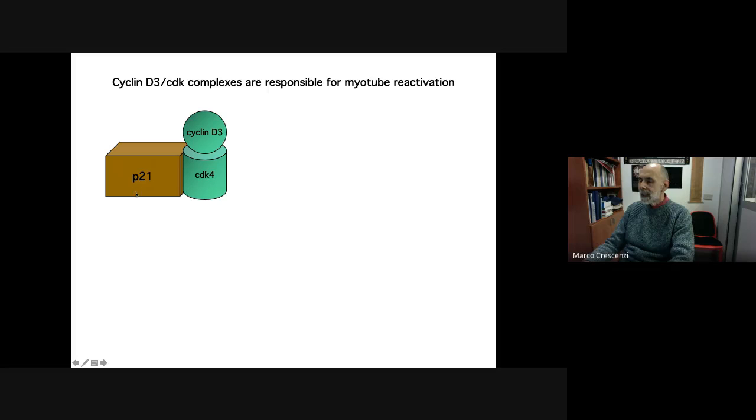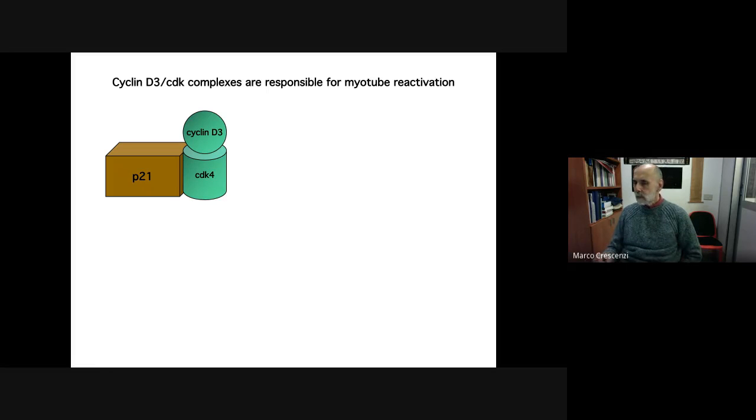Once again, I'm not showing entire complexes. There are other proteins in the myotubes that make up these complexes. But these are the important parts. Again, we devised a model that took into consideration only the elements that we thought were important for the phenomenon we were studying. And so we disregarded the other proteins and concentrated on cyclin D3, CDK4, and P21.